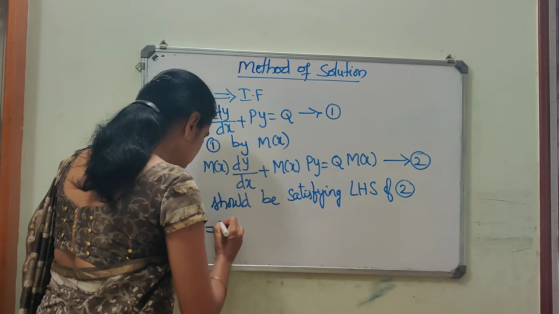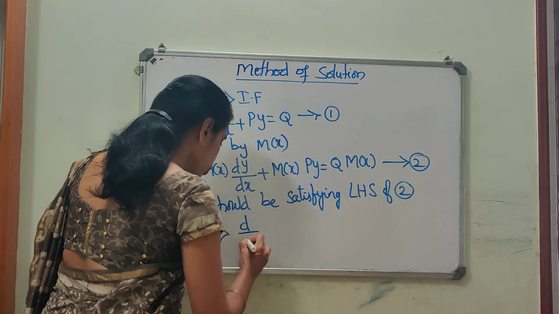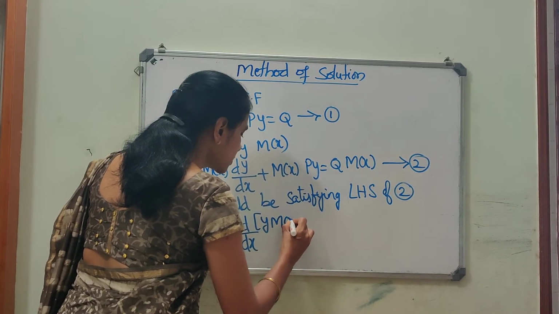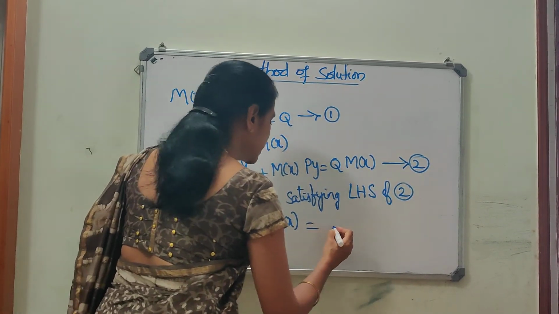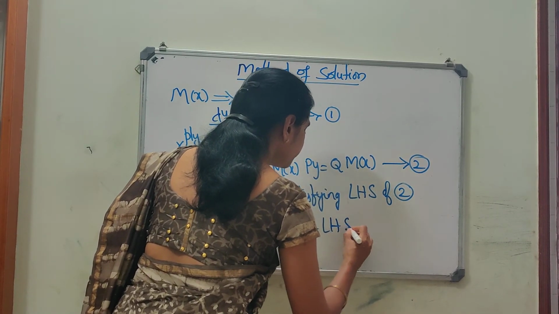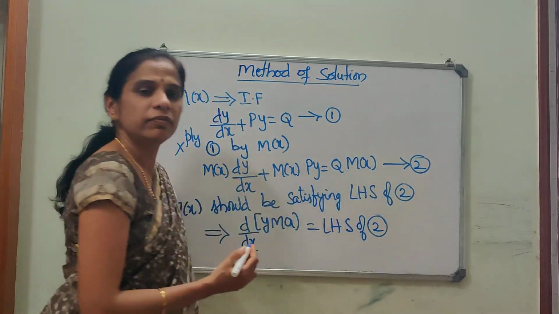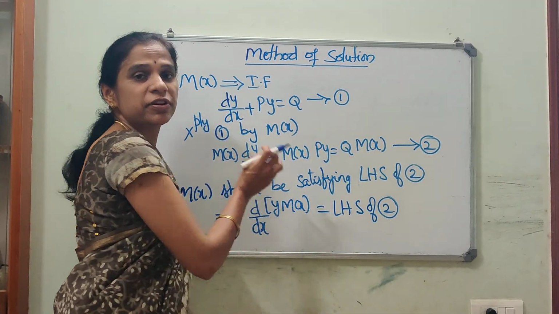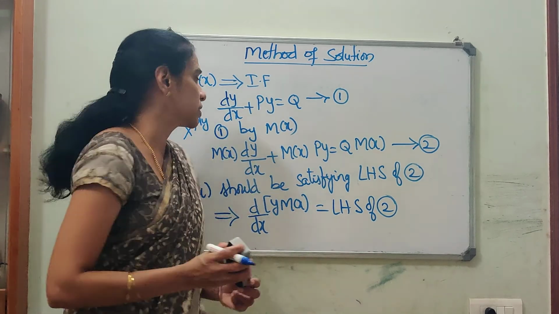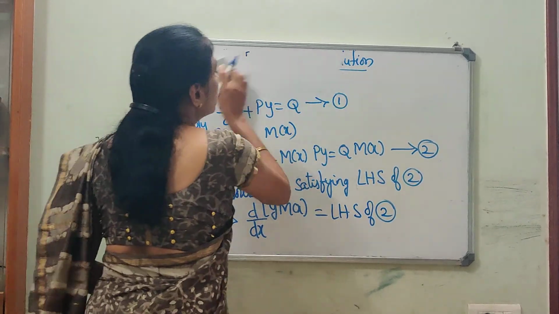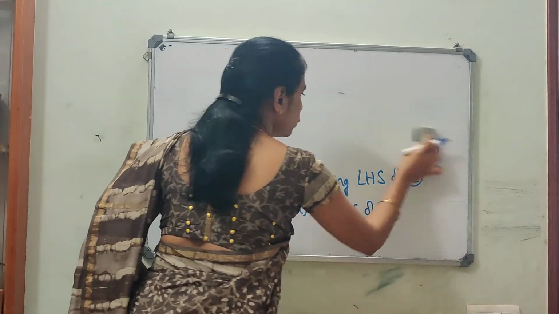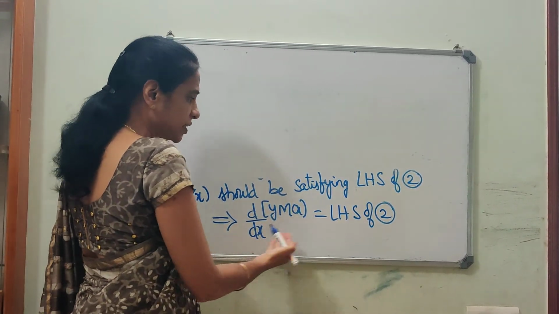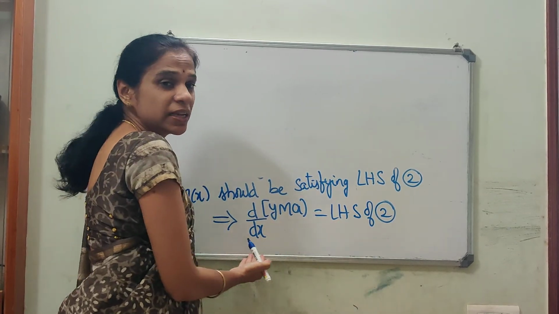That means m of x should be satisfying that d by dx of y into m of x should give you this LHS of 2. If you can get such an equation, then it becomes easy for us to find our m of x. So let us assume that we are able to find such an m of x such that it satisfies this equation.